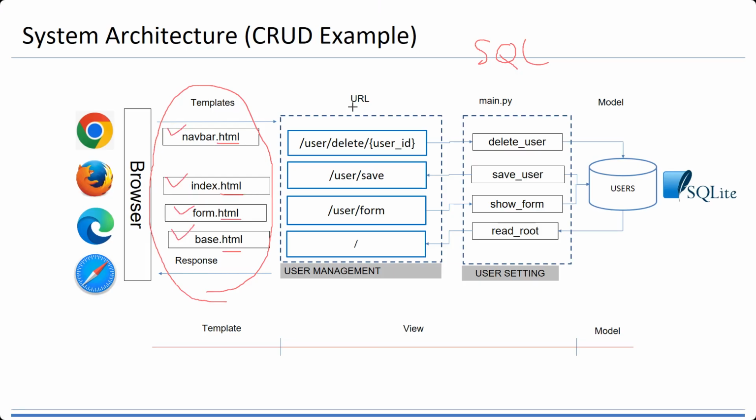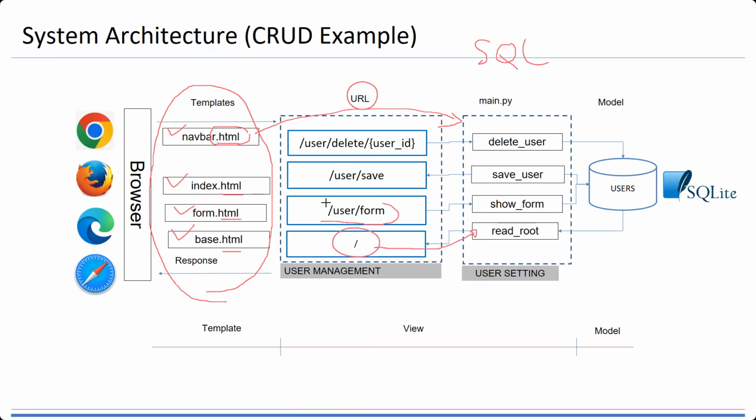And the URL. We know in the main.py, there might be a URL for the connection between the HTML and the file in the main.py. So we can define, for example, yeah, this kind of symbol means we will check the root.